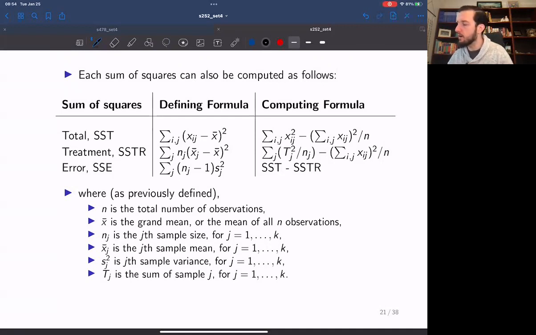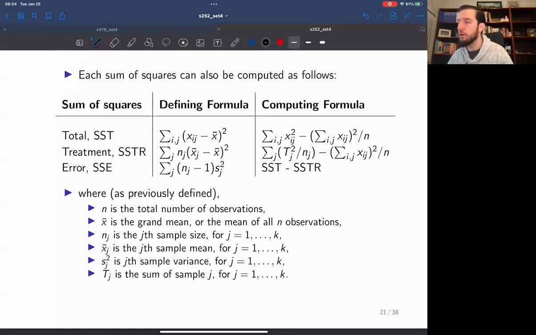The SSTR is the second easiest value to calculate. So you can see here we have Tj squared, the total of each sample squared, divided by nj, minus the values in that sample squared over little n. And then the error is simply the difference between SST and SSTR.